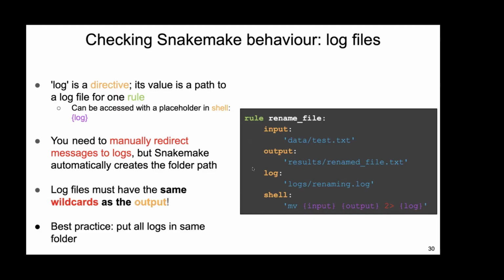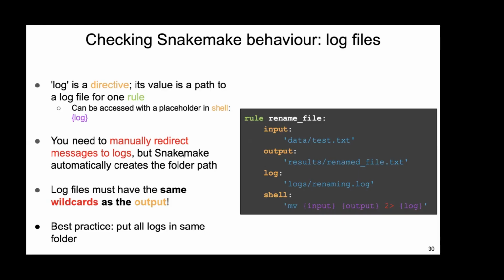Similar to the input directive, and for that matter, most of the directives, you can have wildcards. But once again, just to reiterate, the wildcards that you will use in the log have to be present in the output, because that's the way that the wildcard values are inferred.